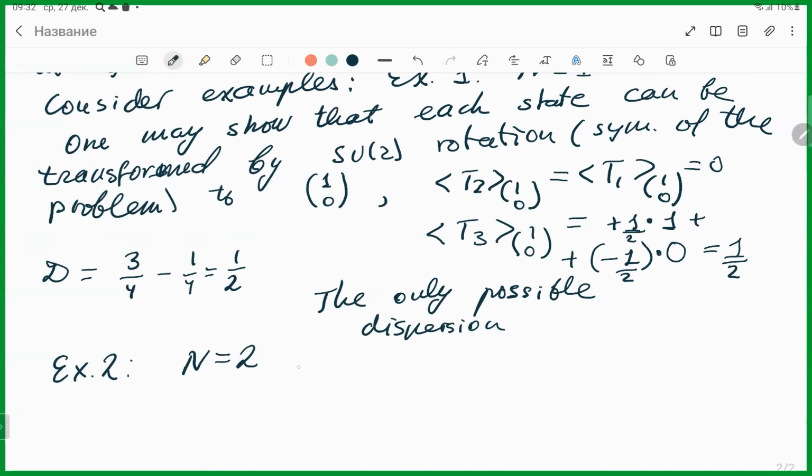One state would be z1 square, purely a state, let me call it state up.